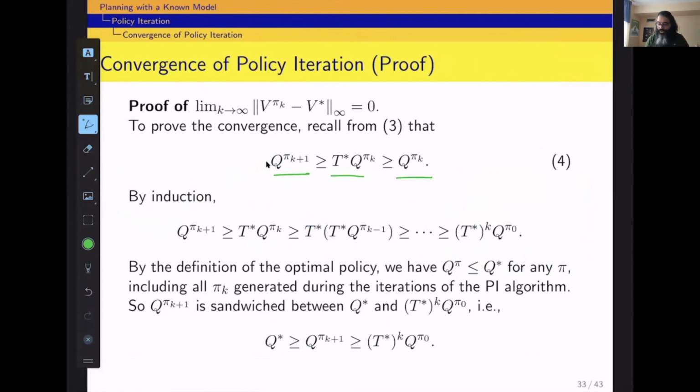And then I can replace Q pi k by the relation with Q of pi k minus 1. So I basically have that Q pi k plus 1 is greater or equal than T star Q pi k. So that's this part. And now I'll just expand this.